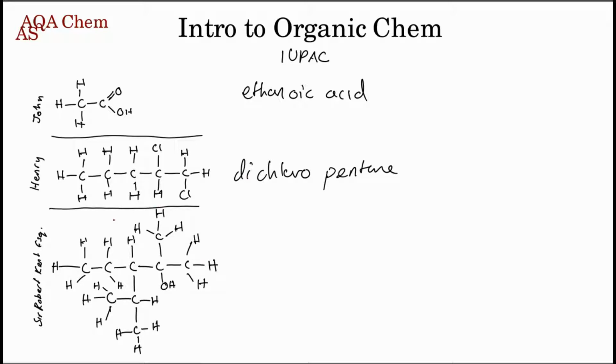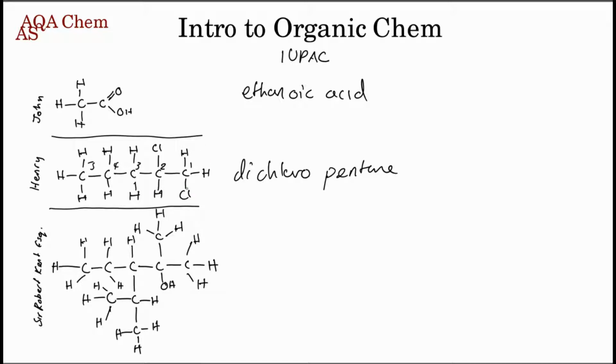Now, we need to also look for the positions of the chlorines. And since the chlorines are the functional group in this molecule, we count from it so that they have the lowest possible number. For any molecule, always count from the lowest possible number. So, instead of counting left to right, we count right to left as 1, 2, 3, 4, 5 for the carbons, because this is closer to the functional group end of the chain.